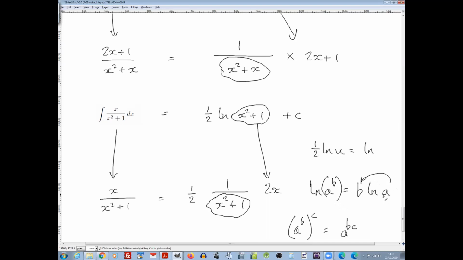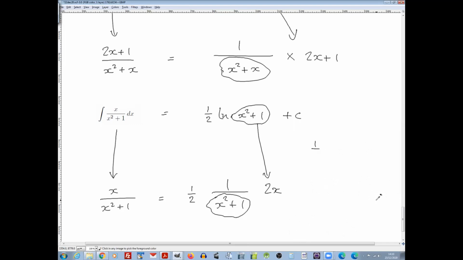Well, it would mean the power we have to raise E to get A. So logs are powers of something, and you might see how it makes sense that if you're talking about the power needed to get not just A, but A to the power of B, it is like we are multiplying that relevant power by B. You might see that, or it might not ring true on this particular occasion.